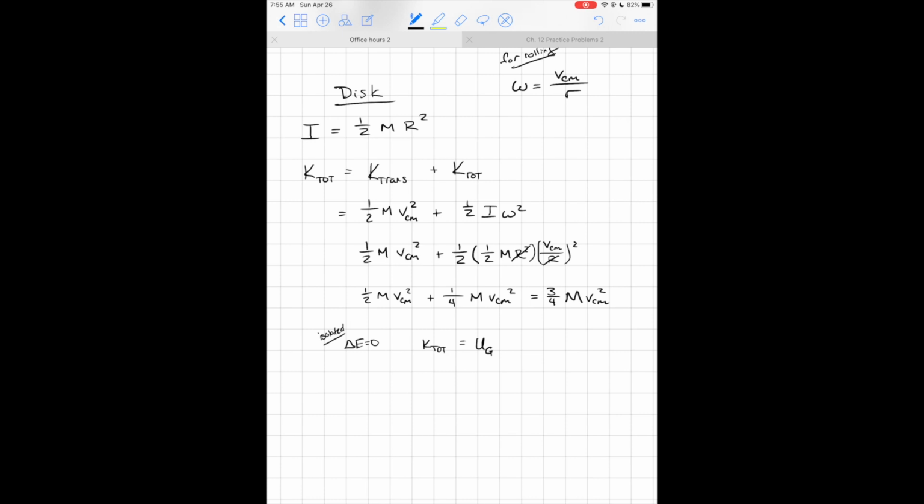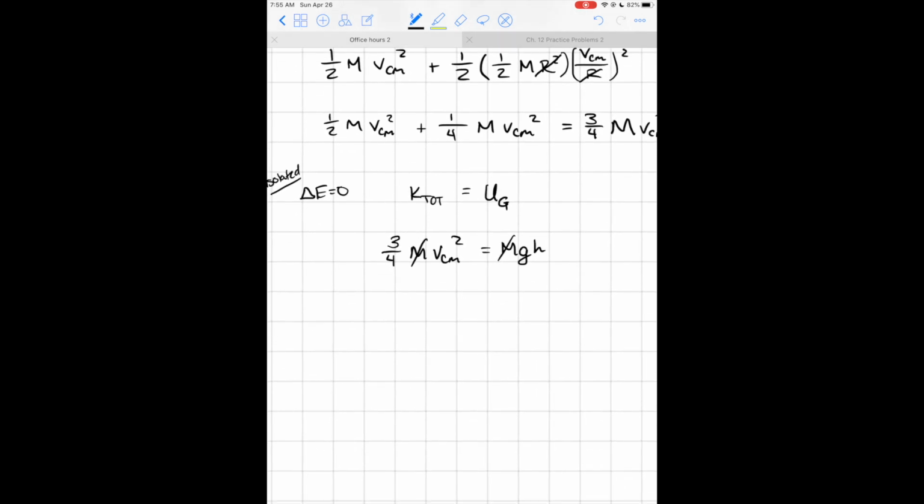So I can say that 3/4 big M v CM squared equals big M g h. My m's are going to cancel, so it actually didn't matter what the mass of the disk was. That was extra information for us.